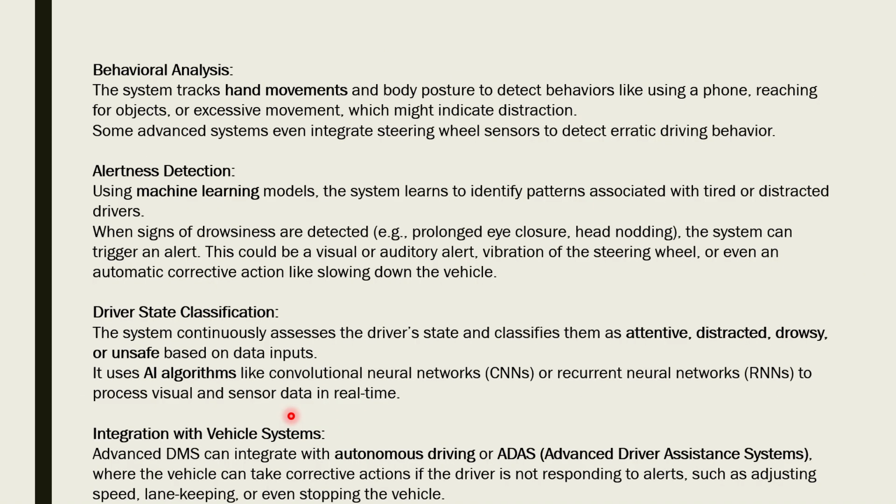Now let's understand what other parameters are used to monitor the driver. Behavior analysis is done, alertness detection is done, and driver state classification is done. So what is behavior analysis? Behavior analysis is monitoring the hand movements and body postures, like the person using the phone, reaching for an object, excessive movement, or a behavior like violence or anything detected in the vehicle.